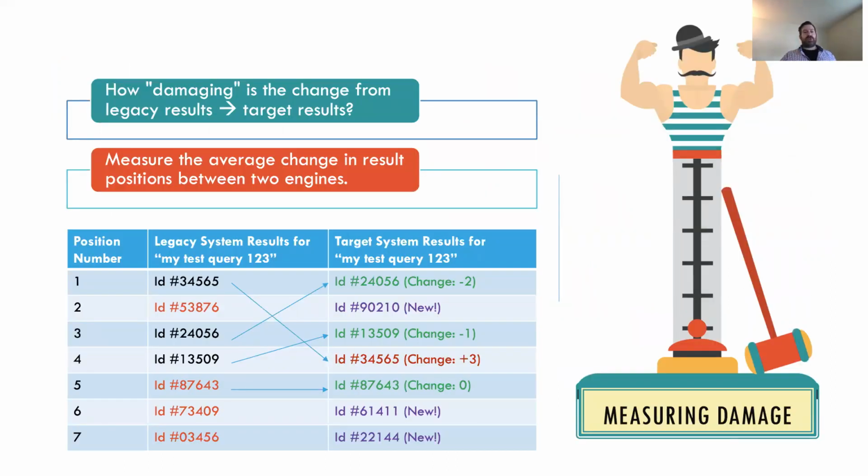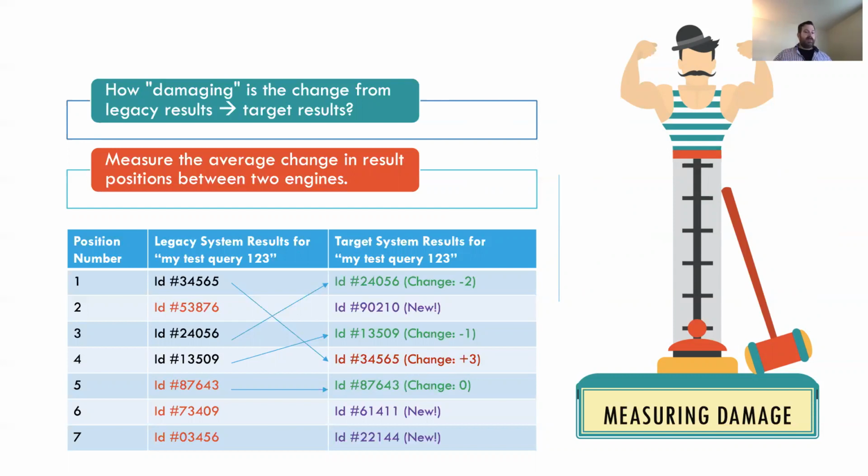This is another interesting way to test the difference between two result sets. We call this damage. Say I've got two systems: my legacy system and my target system. I run a query against both, and here are all the IDs in positions, in this case 1 through 7, that showed up in the results for the old system.